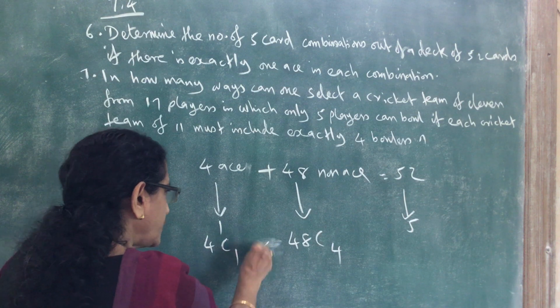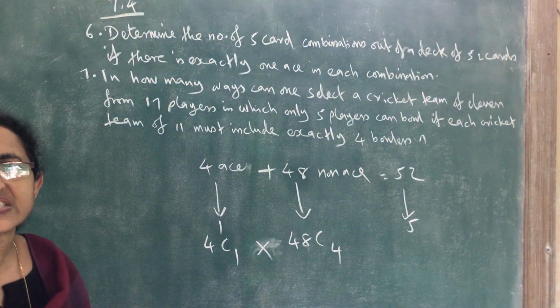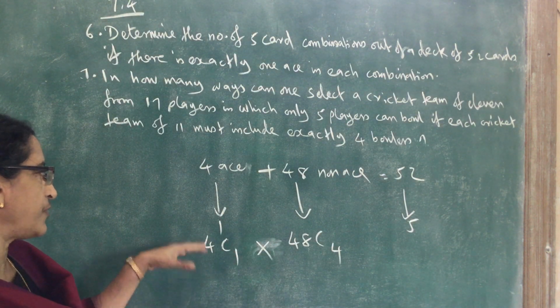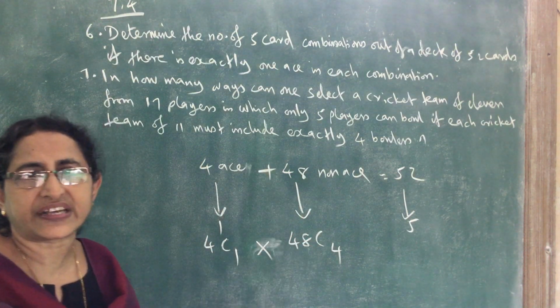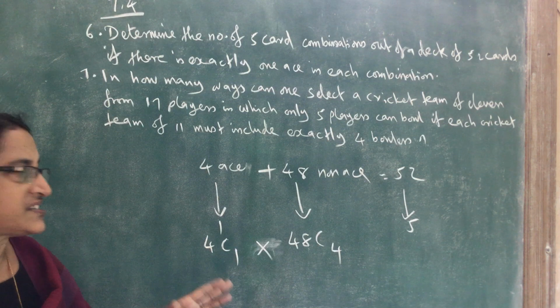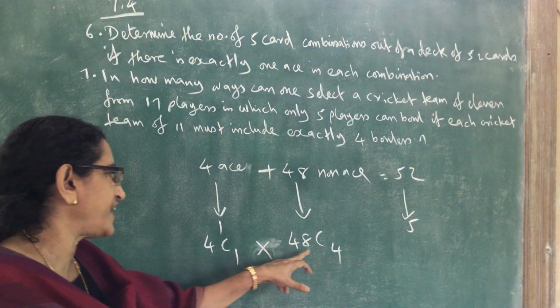Total we need 1 plus 4, 5 cards. Corresponding to each selection of the ace, the non-ace cards can be selected in 48C4 ways, so we have to multiply. The required number is 4C1 into 48C4.